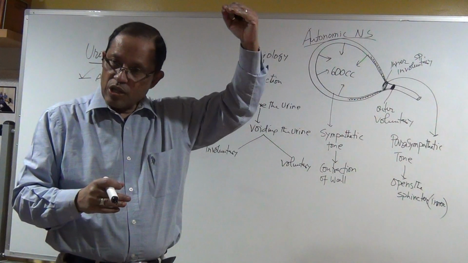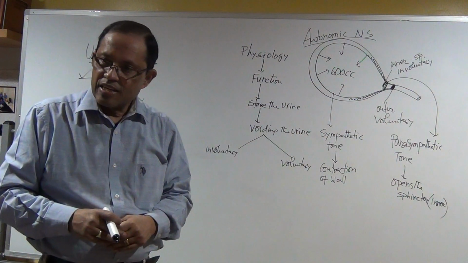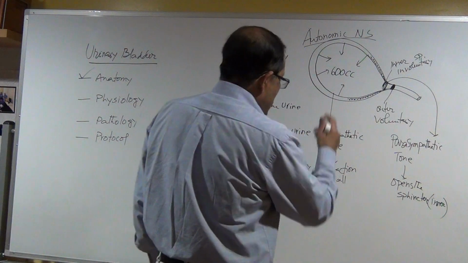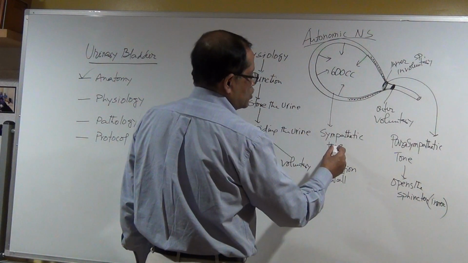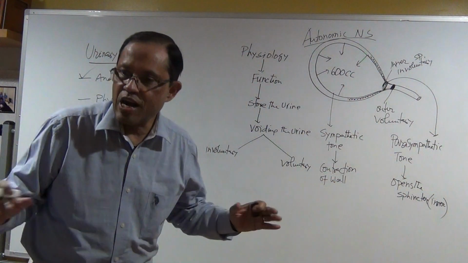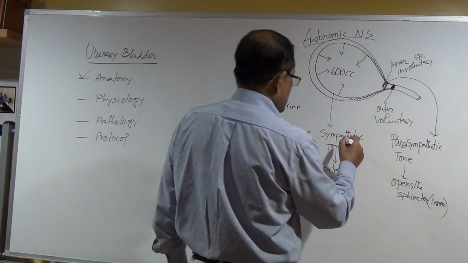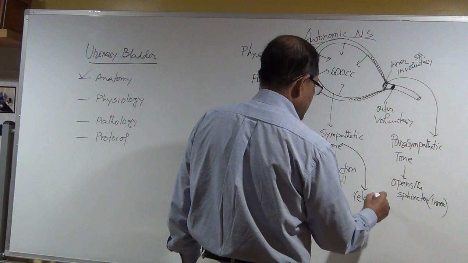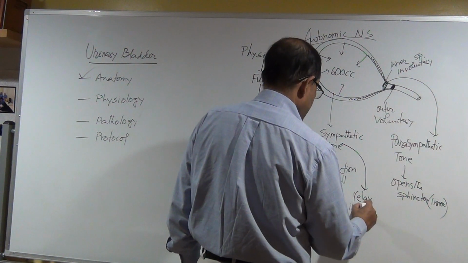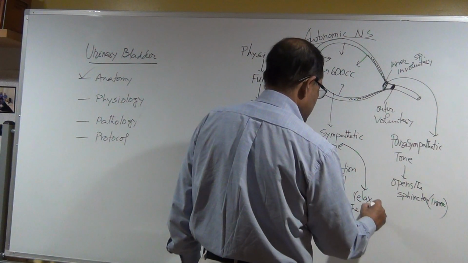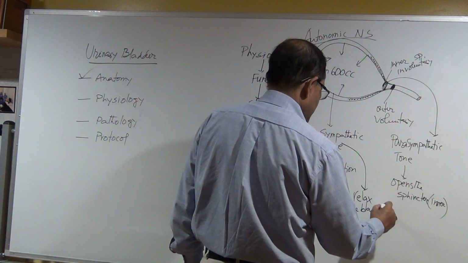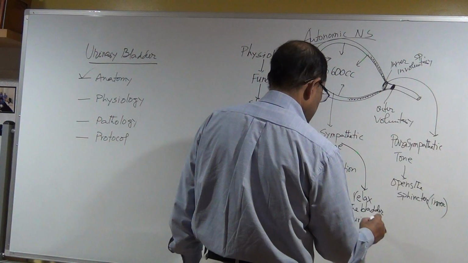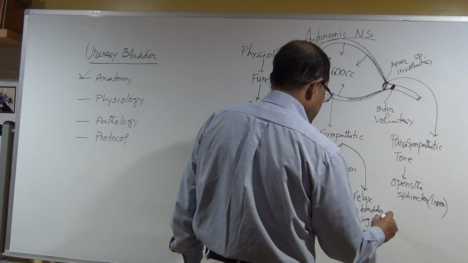So now, during the relaxation, means it is the time to fill in. Urine is coming through the ureter into the bladder. So then what happened? When the sympathetic tone does not contract, sympathetic tone will relax the bladder during fill in.